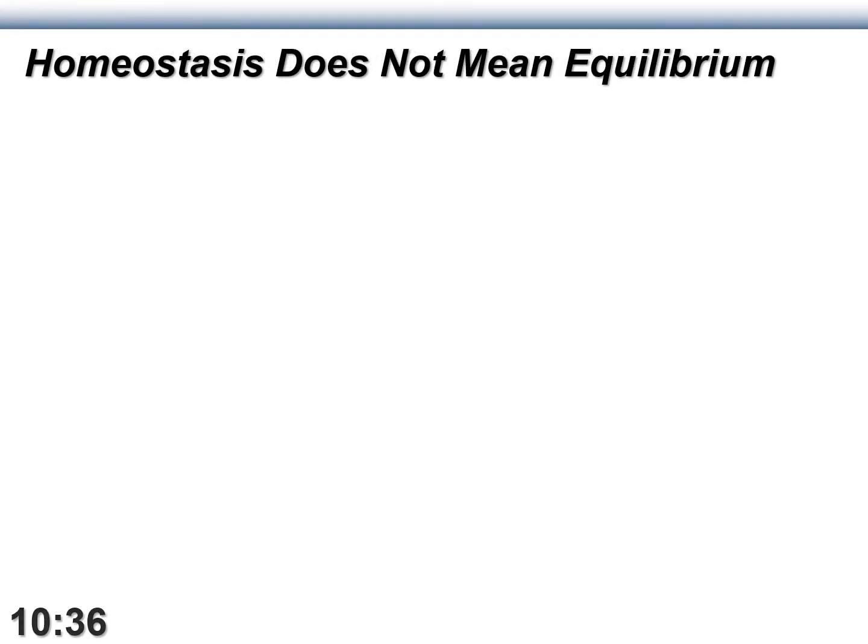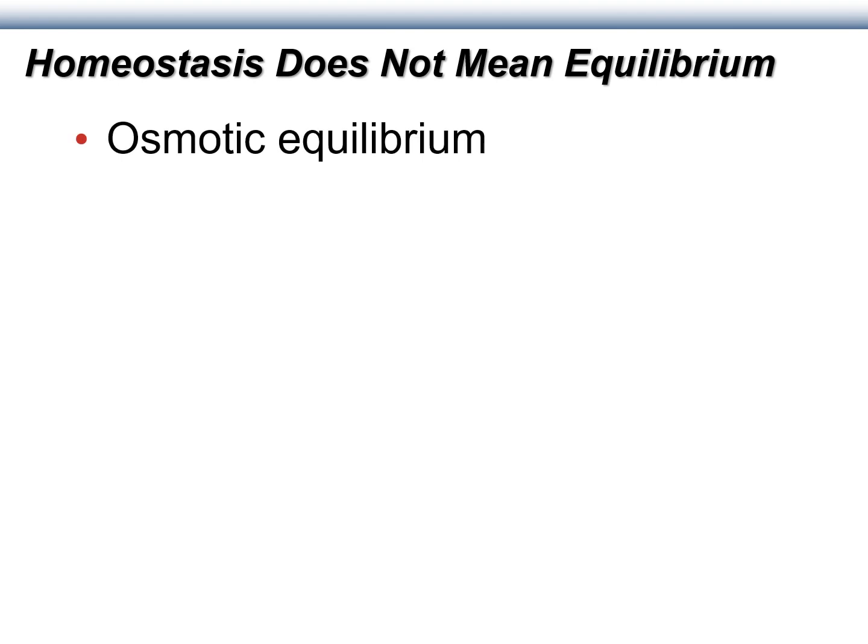So a reminder that homeostasis is a dynamic steady state. It is not an equilibrium. Now, by and large, most cells and compartments in the body are what we call at osmotic equilibrium. That is to say, they have the same osmolarity. If they didn't, water might leak across them and lead to swelling or loss of fluid in certain compartments.